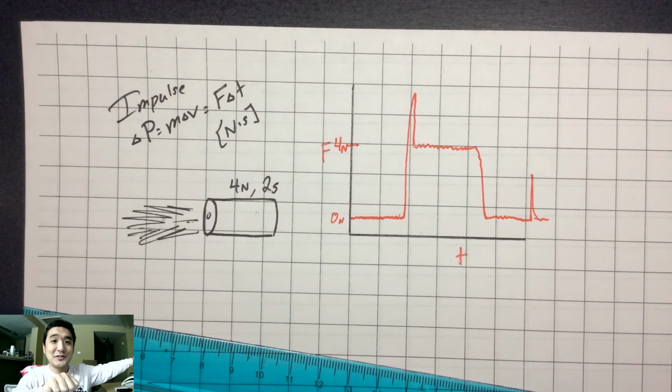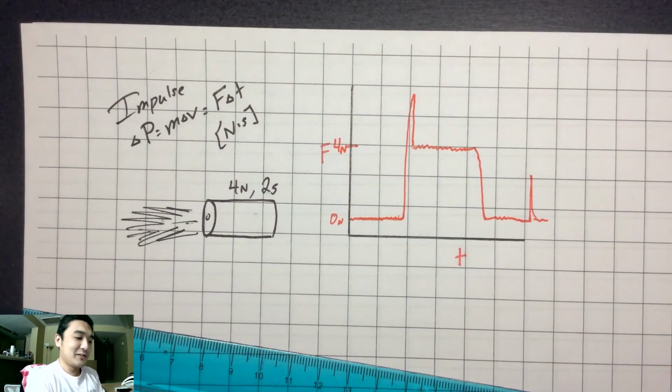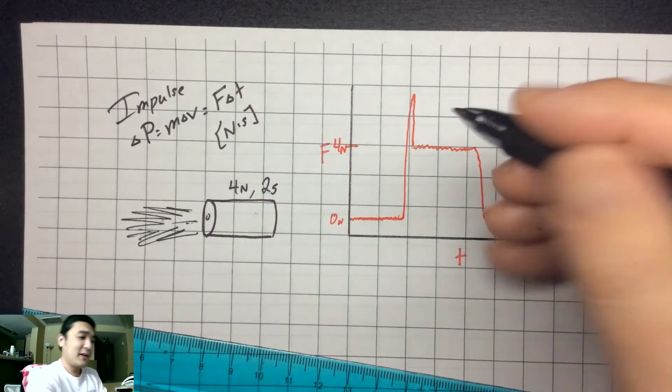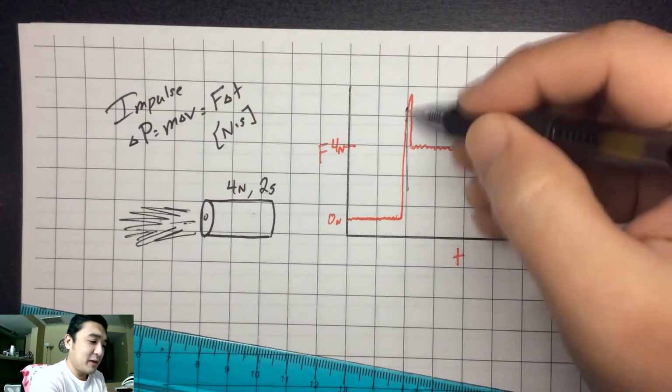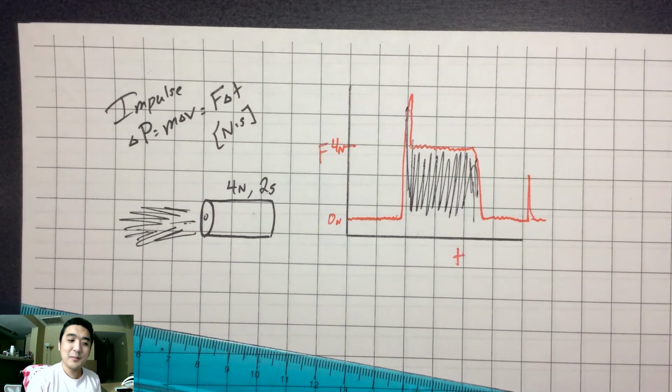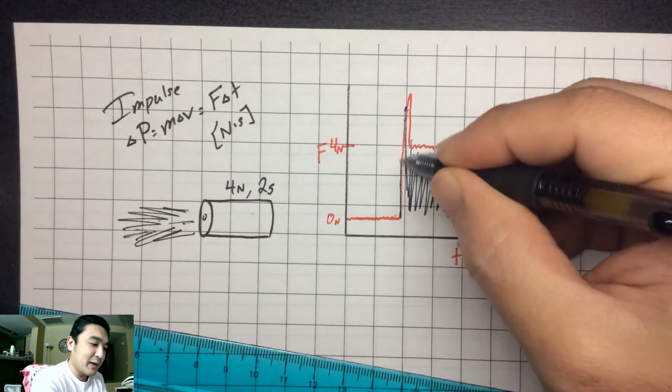attached to forwards. So looking at this, impulse is the product of force and time. On this graph, the product of force and time is going to be the area of that shape. And we can make it simple. We can just make it a rectangle.